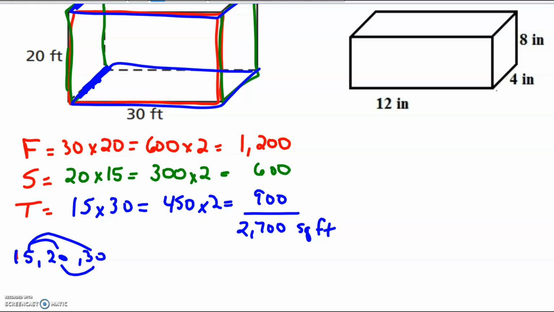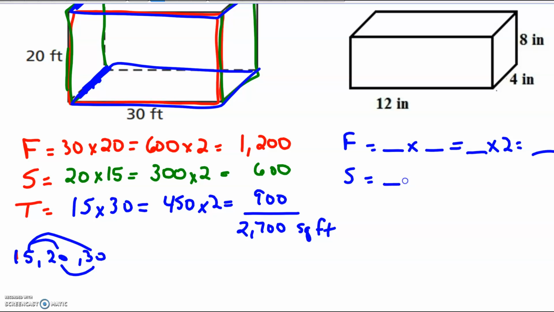I would like for you to try this one over here. And I'd like for you either to copy the box down or at least write the dimensions down. And you're going to do length times width equals some number, and you're going to multiply that by 2 because you've got two of those.